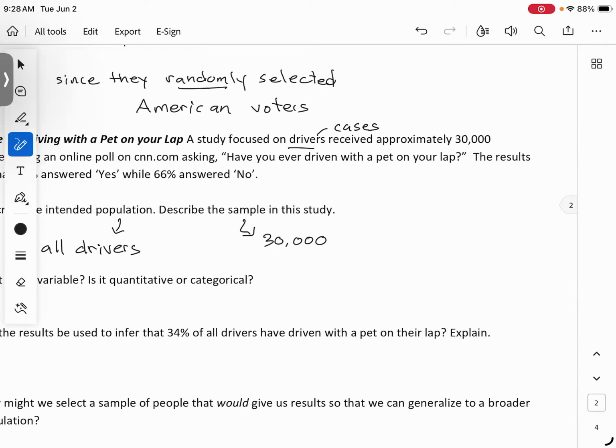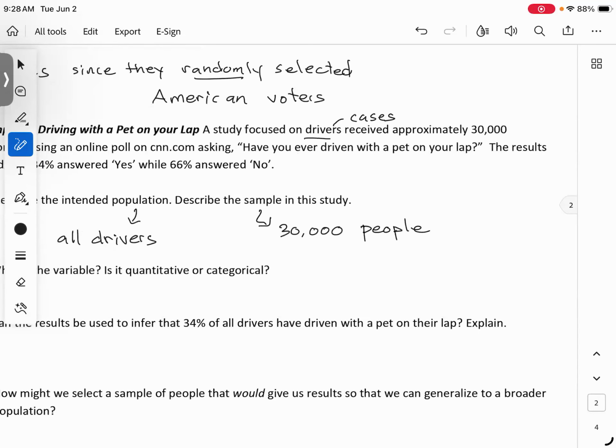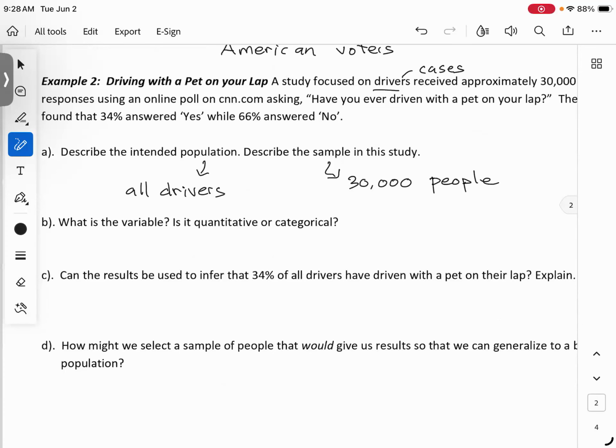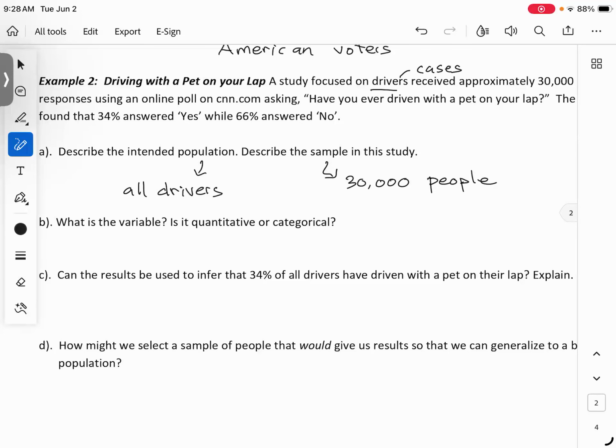30,000. Now, we might assume that hopefully, if they responded, they actually were really drivers. Not sure that everybody who responded is guaranteed to be a driver. So I'm just going to put 30,000 people or 30,000 responses. And then the variable was the whole question about whether you've ever driven with a pet on your lap.